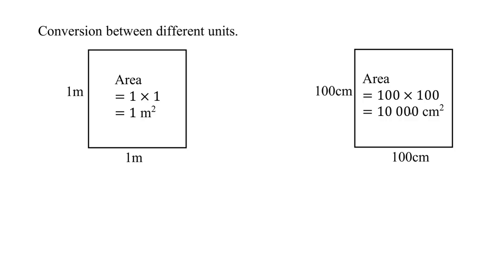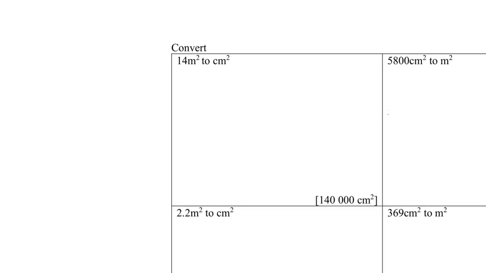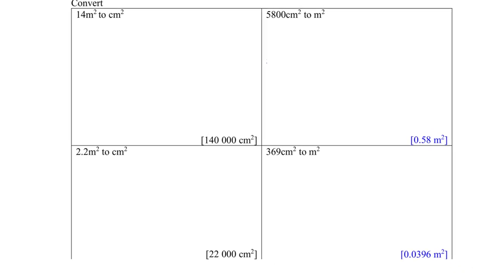So from this diagram, I hope you all can see that 1 meter square is equivalent to 10,000 cm square.